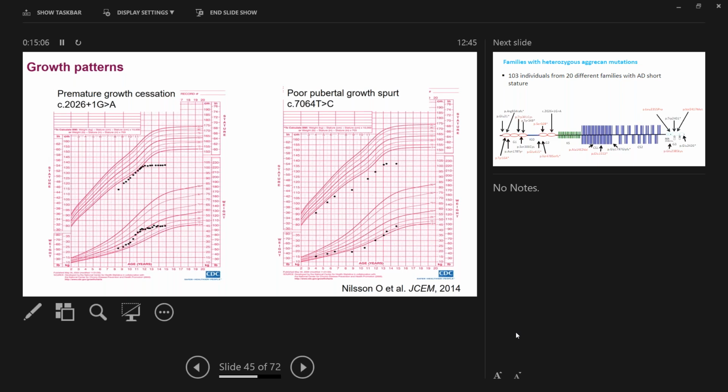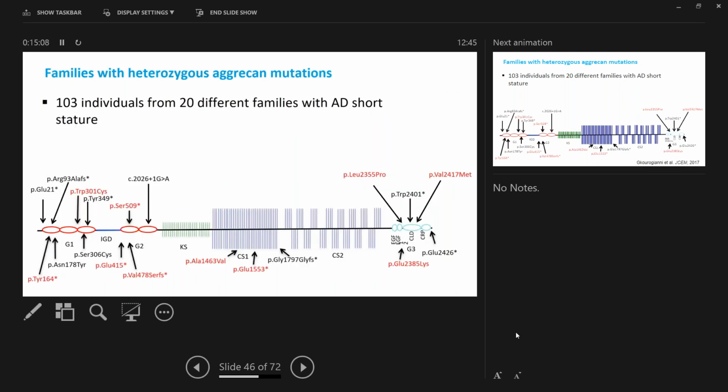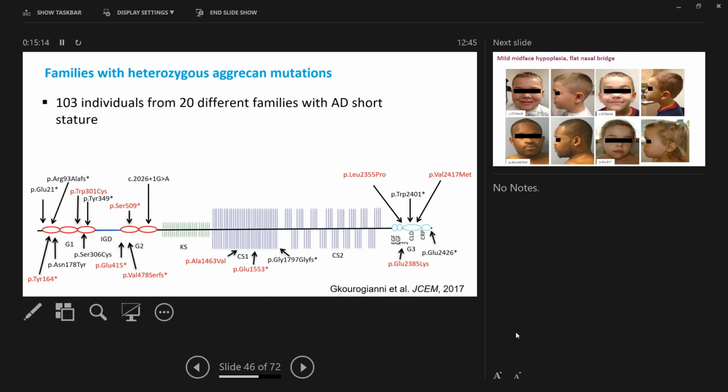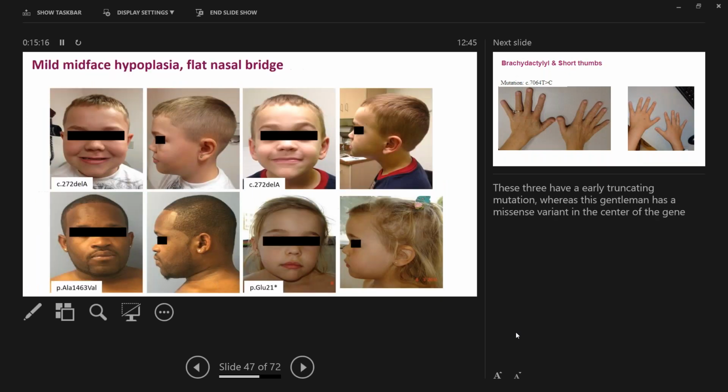And interestingly, through collaborations, we have now identified more than 20 families with aggrecan mutations and been able to more carefully phenotype this syndrome. So you can see they have sort of a mild mid-face hypoplasia, which gives the face a somewhat round appearance.